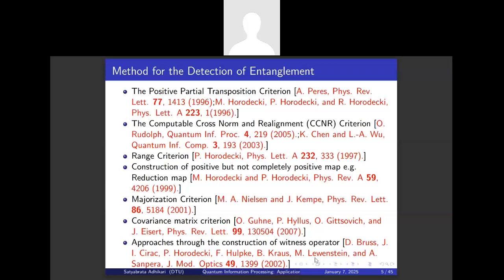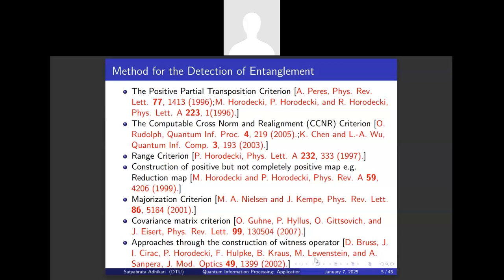But the problem is that if we consider the positive map only, it can work theoretically, but you cannot apply it in an experiment because it cannot be realized. So my talk will be on how to realize the positive map.